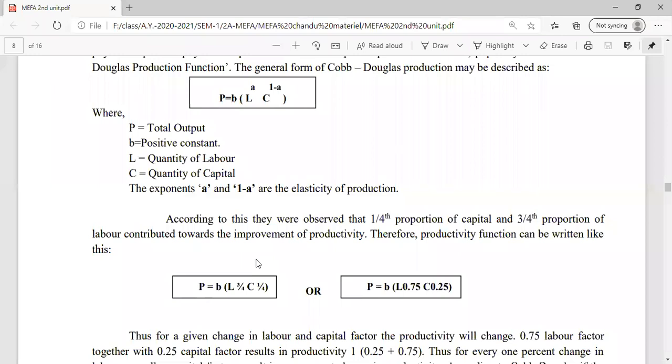B is the positive constant. L is the quantity of labor and C is the quantity of capital. You can see the exponents as A and 1 minus A. These are the elasticity of production.